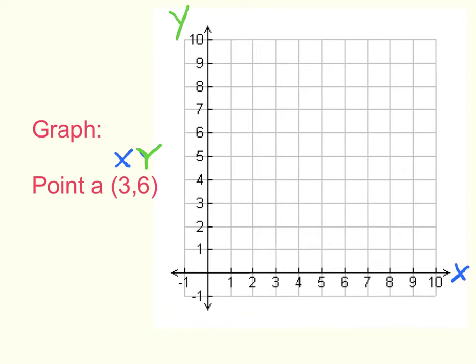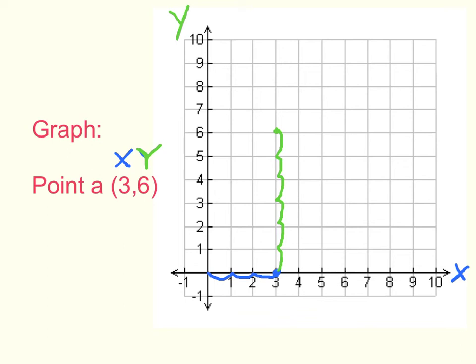And to graph this, I start with the x again because x comes first, and my x is 3, so I'm going to go over 1, 2, 3. So I go right there to 3 on the x-axis, and then I'm going to go up 6 because the y coordinate is 6. So 1, 2, 3, 4, 5, 6.